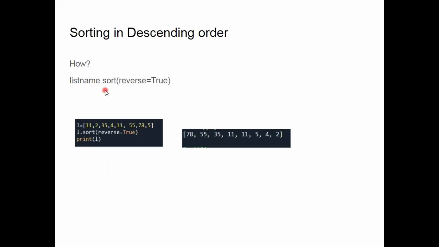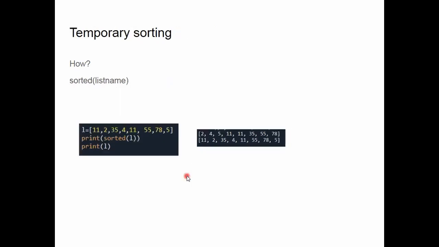Now if you want to sort in descending order, we have to write the same .sort with reverse=True as a parameter. So your original list will be sorted in descending order.